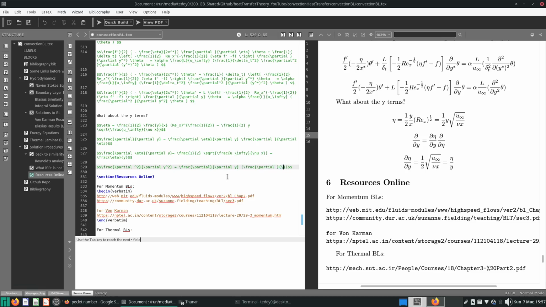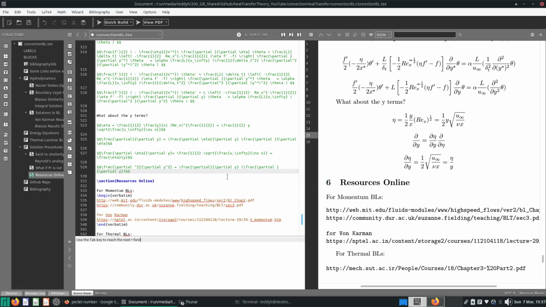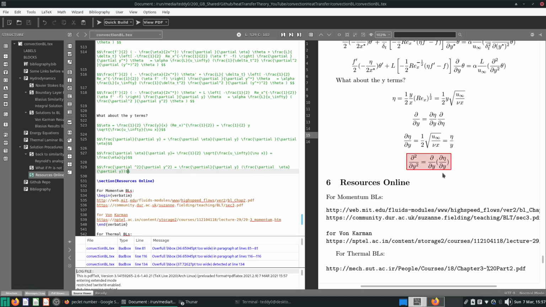Partial by partial y. So we're going to have partial eta partial y. Nothing too new here, right? So we can just substitute eta over y into this thing.